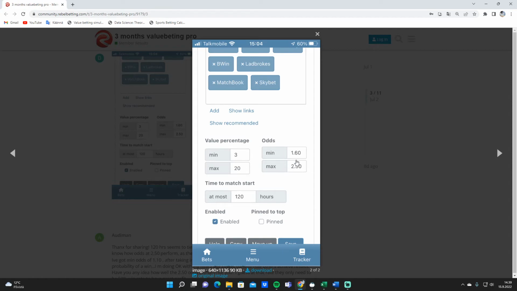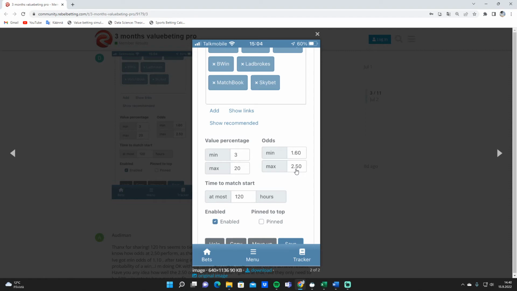This is interesting, his odds. I would lower the minimum odds to 1.2 or at least 1.3, just so that you can find more bets. And max stake, if you don't want to go over 2.5, it is okay, but I would go a little bit over that, like 2.8 or 2.9 or even 3.0 European odds.